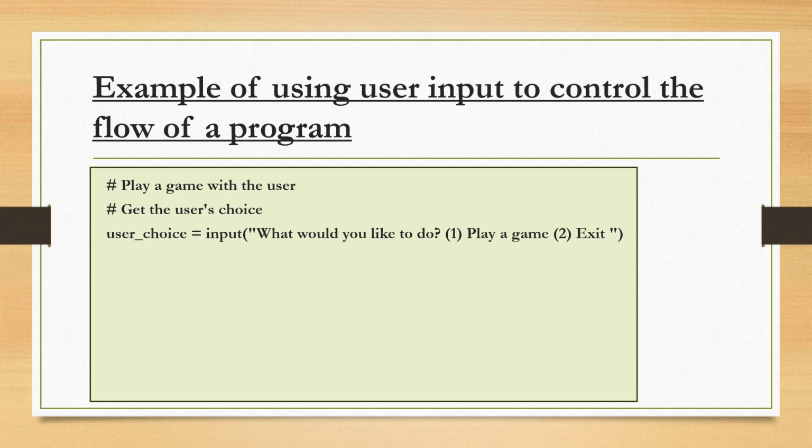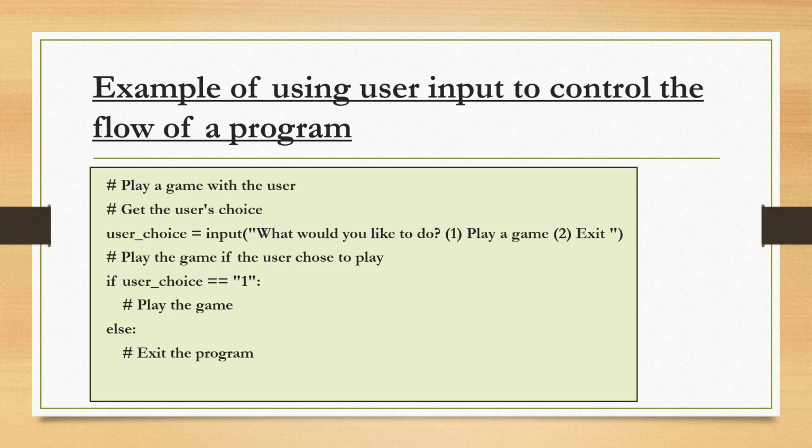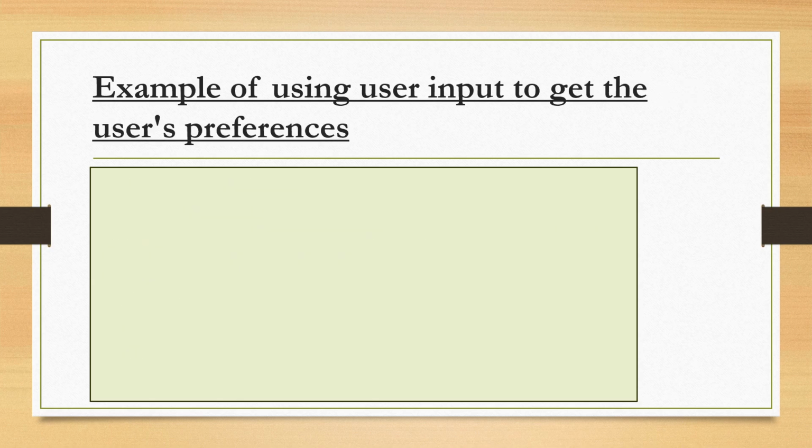When a person enters a number, if the person enters 1, he chooses to play the game. So if user choice equals 1, then it will play the game. Else, we have already seen if-else, if he doesn't enter 1, then the game will exit.